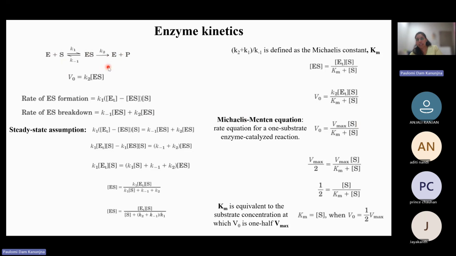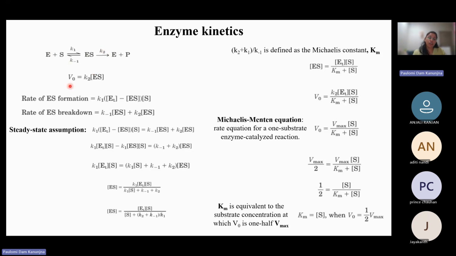If you remember, in the beginning we said the rate-limiting step determines the rate of the reaction. The rate-limiting step is the one that takes the longest time to happen. And here, breaking of the enzyme-substrate complex is the limiting stage, because enzyme and substrate are there in the media, so they will definitely come into contact and form the complex. But for the complex to actually break and give the product and the enzyme separately is the slow step. So the rate-limiting step for this one-step reaction is K2.